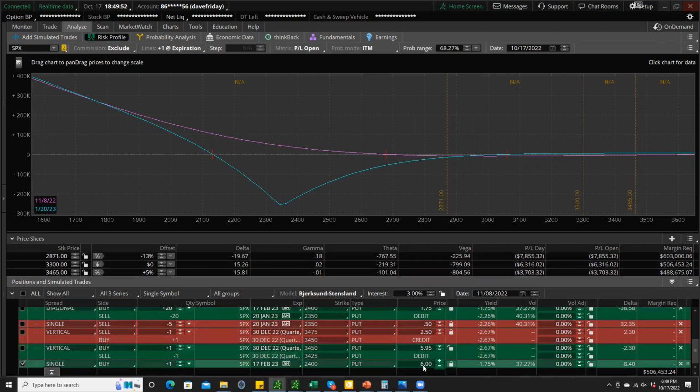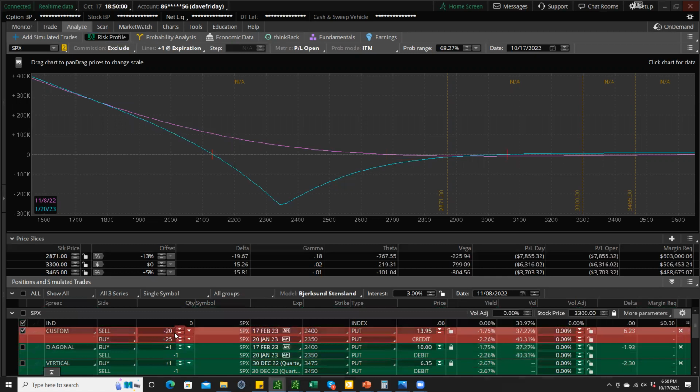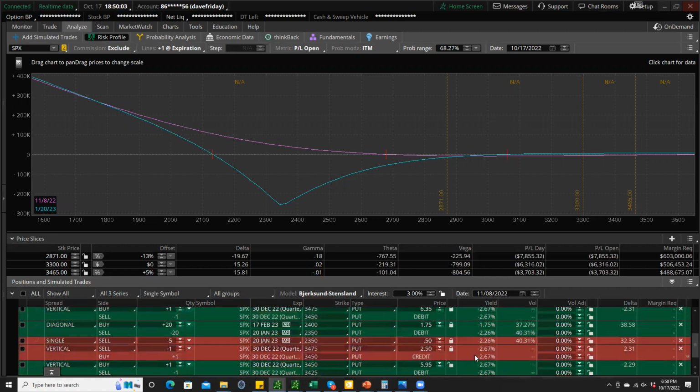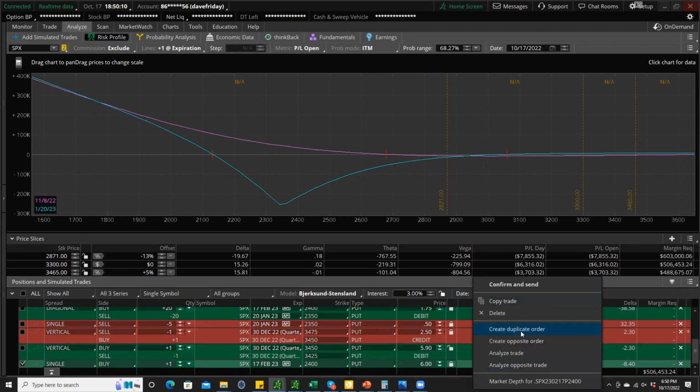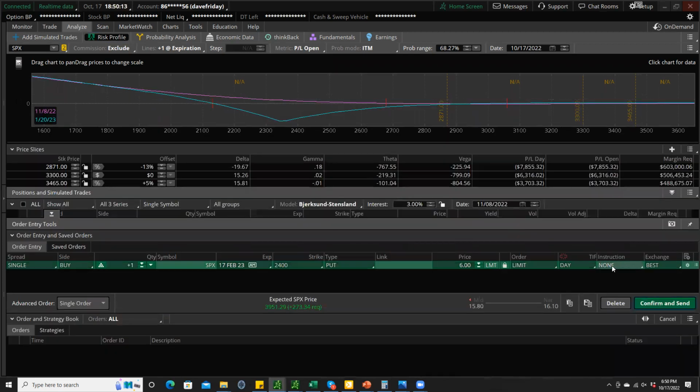So there are a number of things. Whenever I can, I will take one. I'm not going to take off 4 or 5 of these, but I can. I have been known to take off one. A lot of times what I'll do is build this order, create a duplicate order, and make it good till cancel.